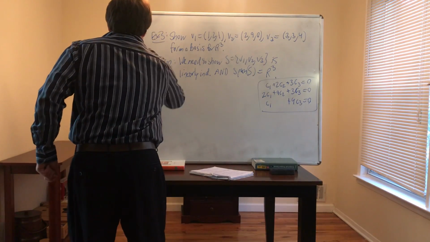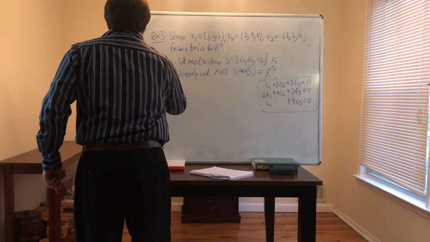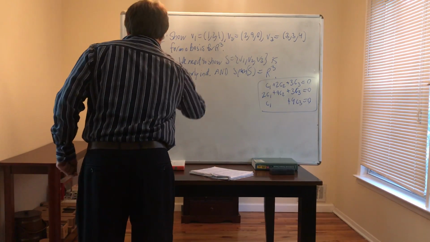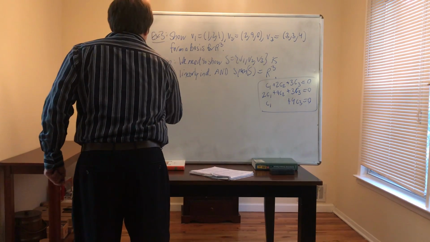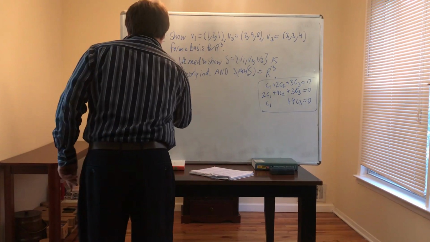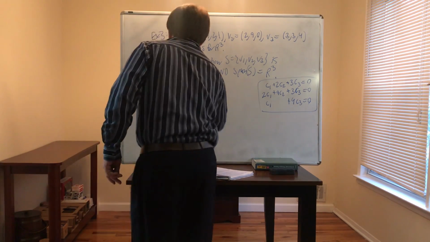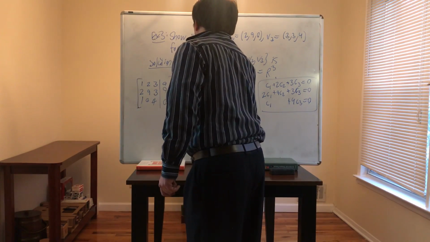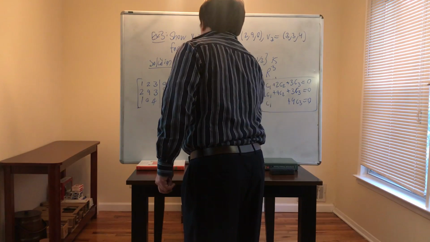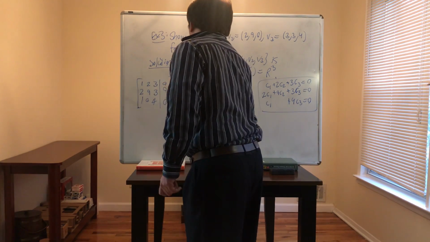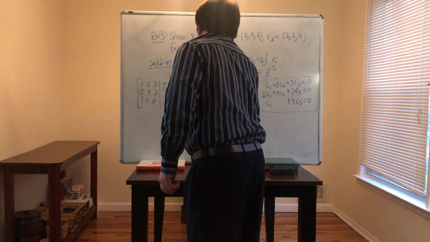And so this is the corresponding augmented matrix. 1, 2, 3. Okay. 2, 9, 3, 1, 0, 4. And then I'm going to reduce this to echelon form. So 1, 2, 3, 0, 0, 5, negative 3, 0.